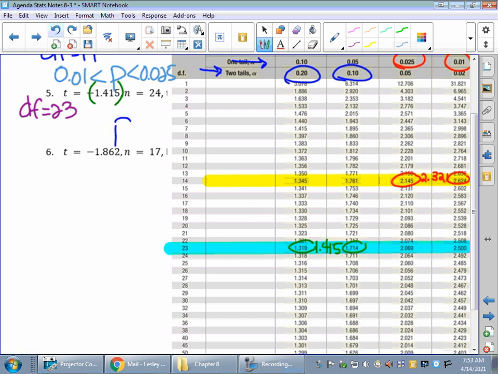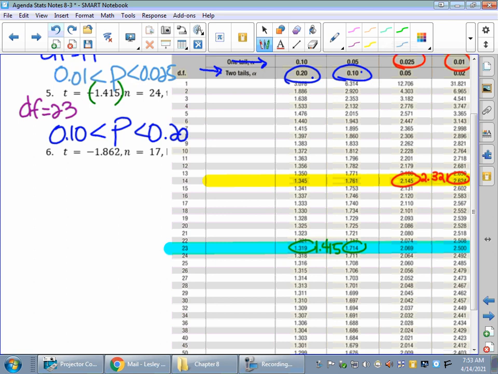So I know that my p-value is somewhere in between 0.10 and 0.20. That's the best that I can do. Again, I wrote those in the opposite order from up here because the larger values are to the left and they get smaller.